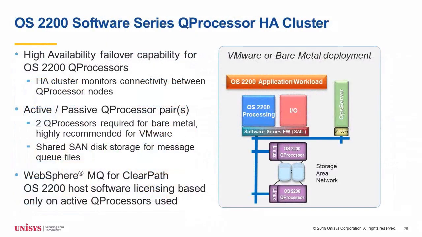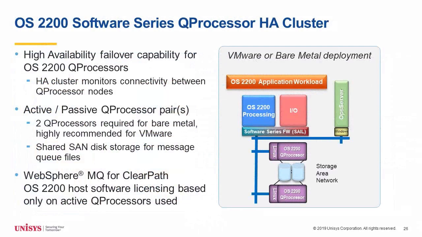Showing a chart here briefly to talk about the Q-processor HA cluster. Again, for either a VMware or a bare metal implementation with the Q-processor 5.0, we recommend a pair of Q-processor instances, active-passive Q-processor pairs, much as you have today with our other Q-processor implementations.